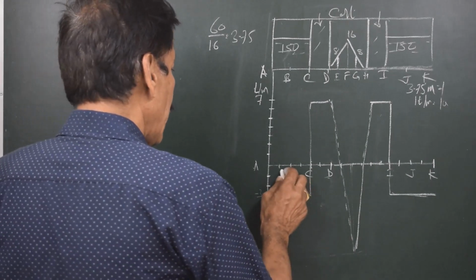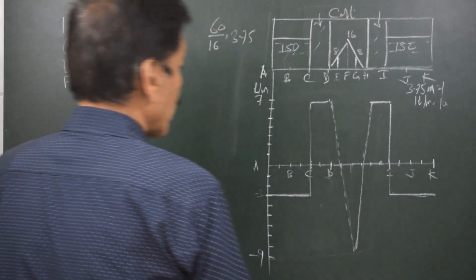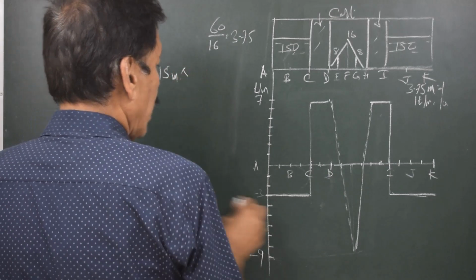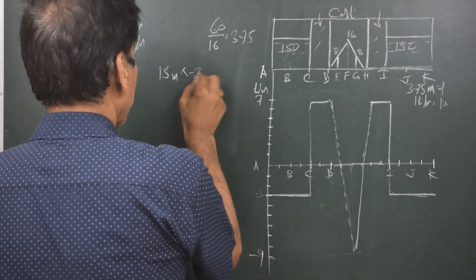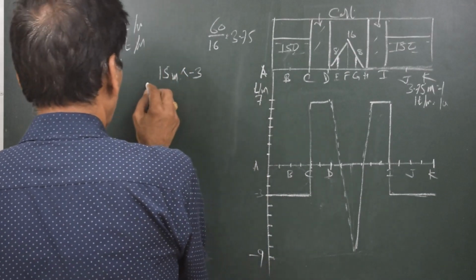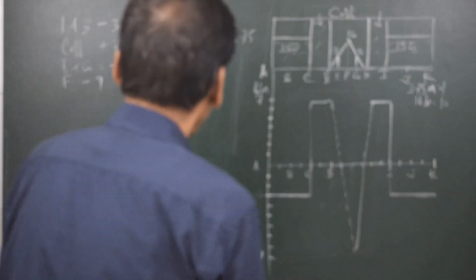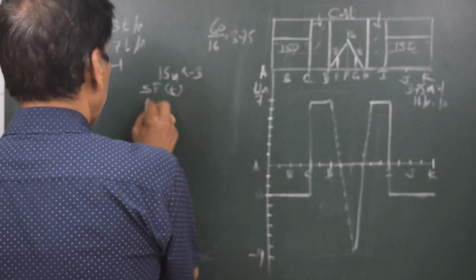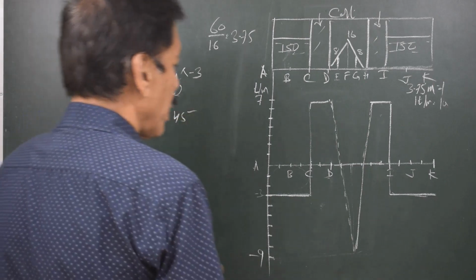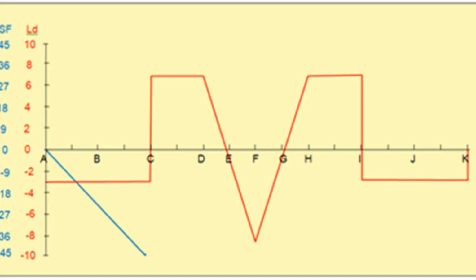So what is the area of this rectangle? From A to C, it is 15 meters, right? 15 meters, and this is -3, right? So minus 45. So if I write down the shear force, which we are writing in terms of tons, at A it is 0 and at C it is -45. So -45 at C.